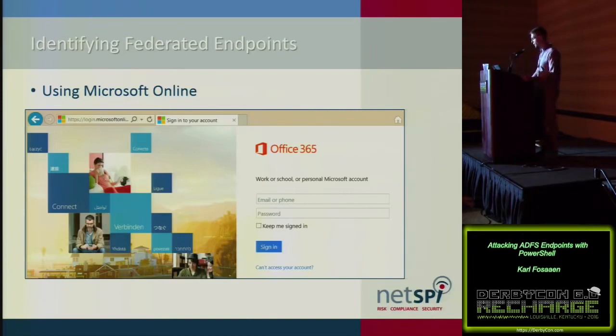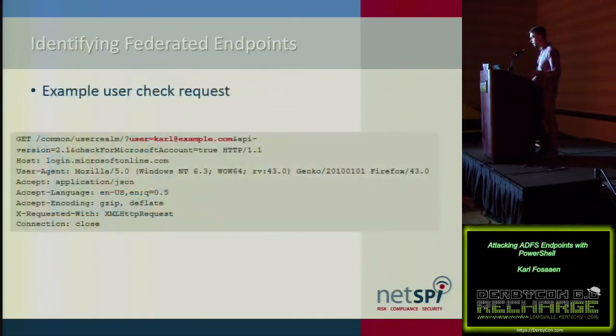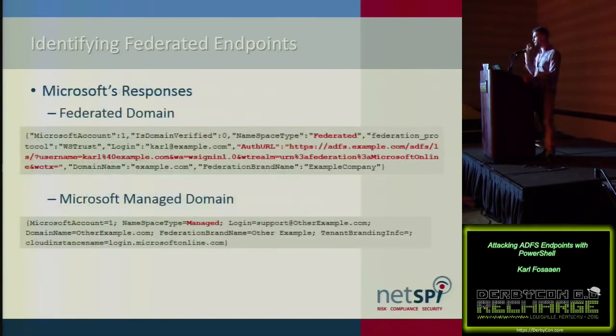If you put an email address into the email or phone box, it sends out this request. You can see here that I sent out the request for Karl@example.com, and it just makes a simple GET request. And Microsoft's going to have one of two responses. If it's a federated domain, you're going to get the federation info. It's going to say, hey, it's federated. I've got it highlighted in red.